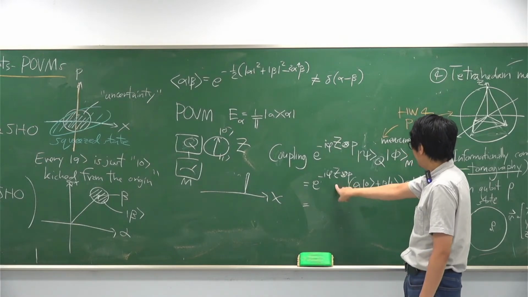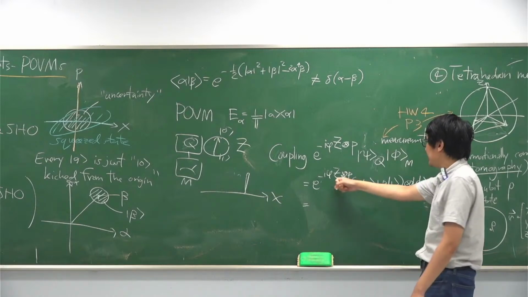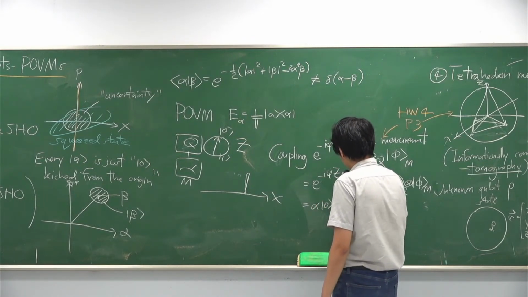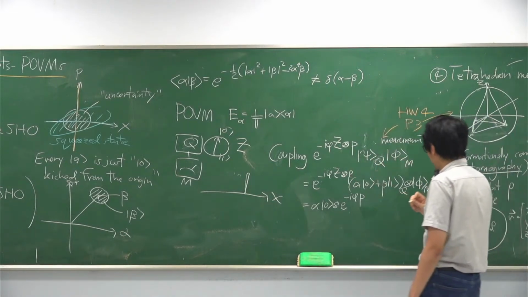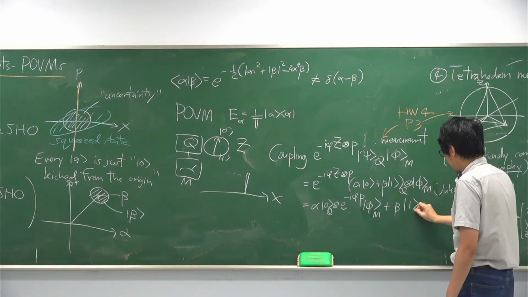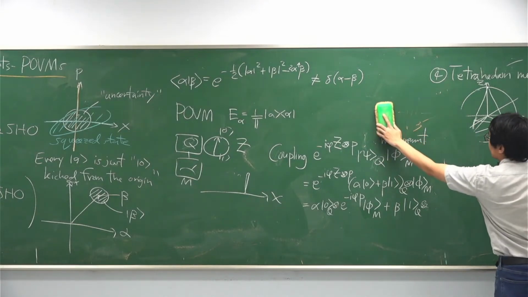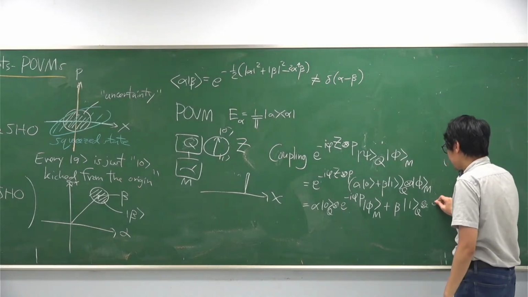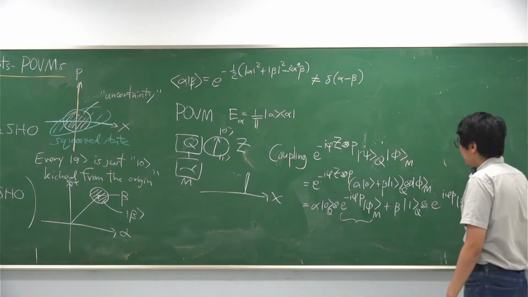If I let this unitary act on the state of the qubit first, this z will turn into the eigenvalue. And what is this?